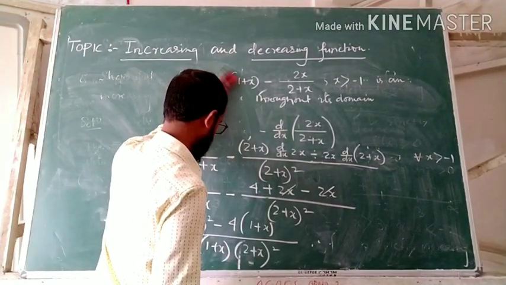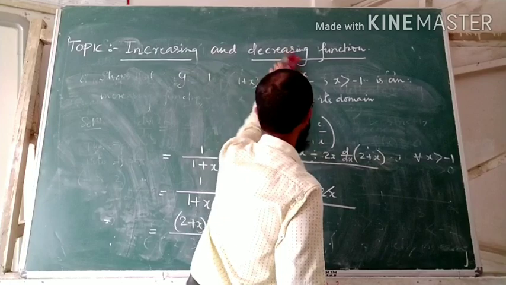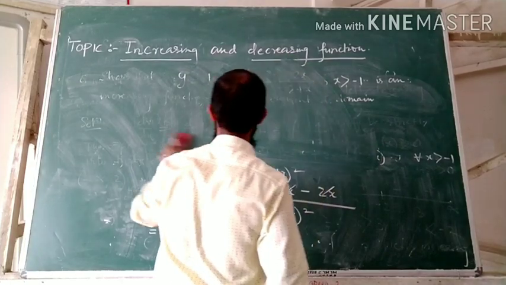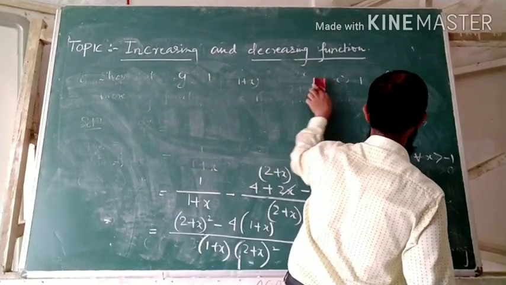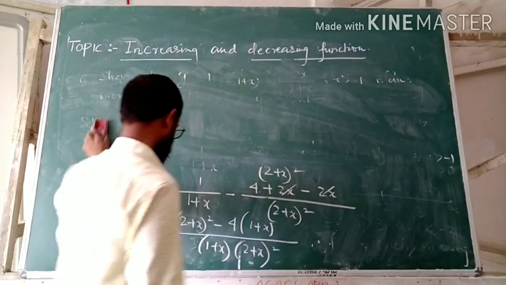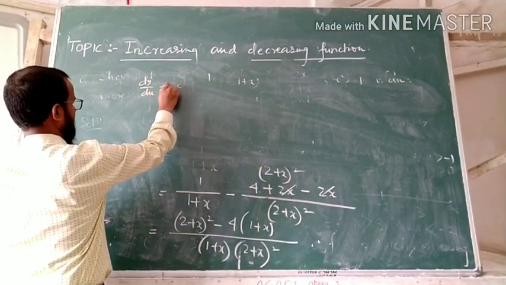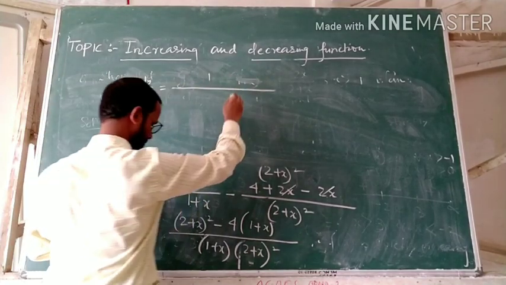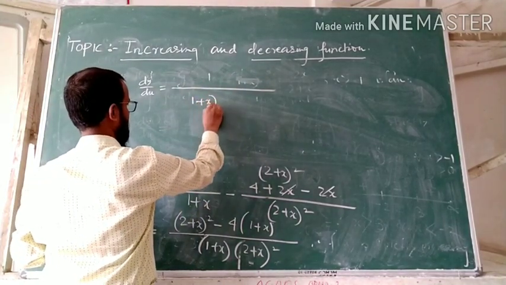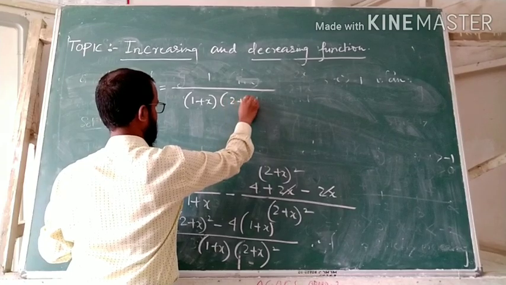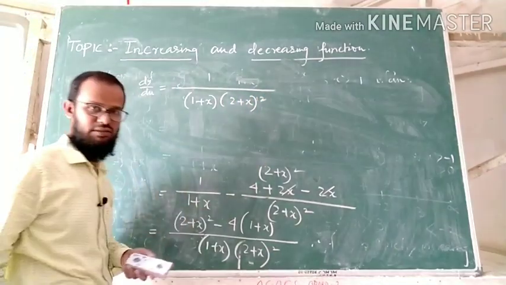Then you just need calculations. Do a little calculation on the denominator and numerator; the denominator will remain the same. So ultimately dy by dx equals, the denominator becomes (1 plus x) into (2 plus x) whole square, okay.